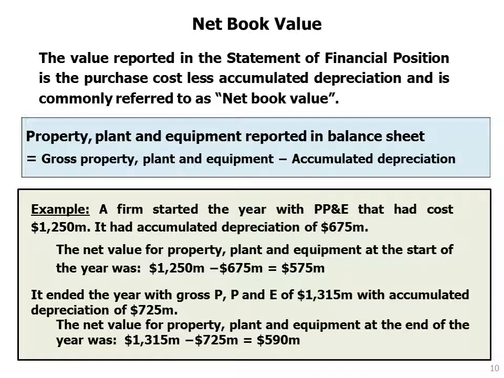And it ended the year with gross PP&E of 1,315 million, with accumulated depreciation of 725 million. The net value for property, plant and equipment reported on the statement of financial position at the end of the year was 1,315 less 725. Accumulated depreciation is equal to $519 million.